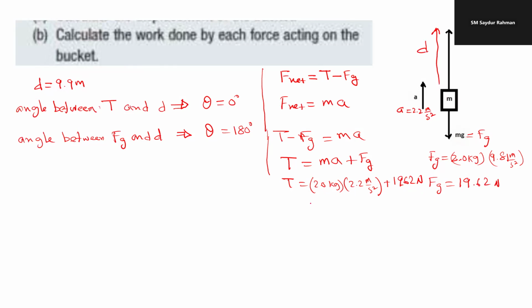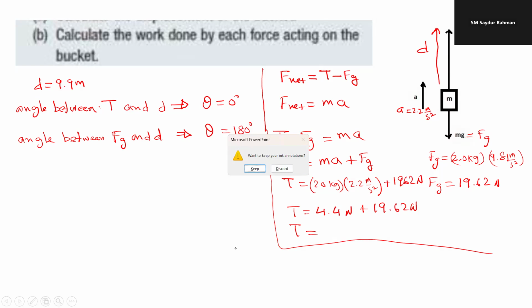If you multiply, T is equal to 4.4 Newton plus 19.62 Newton.